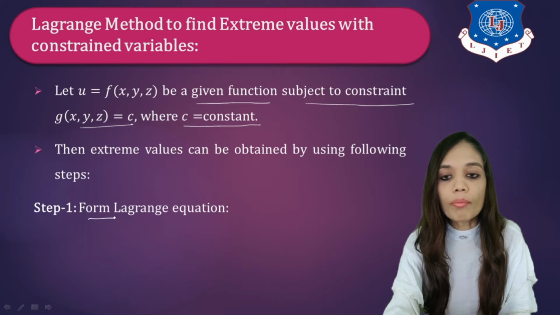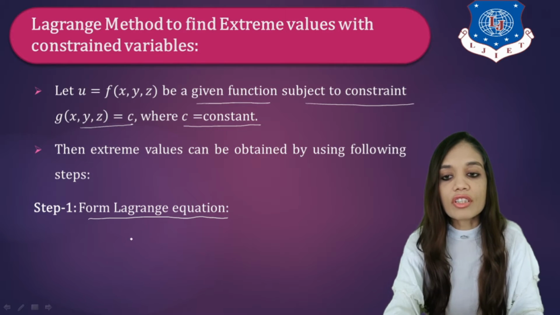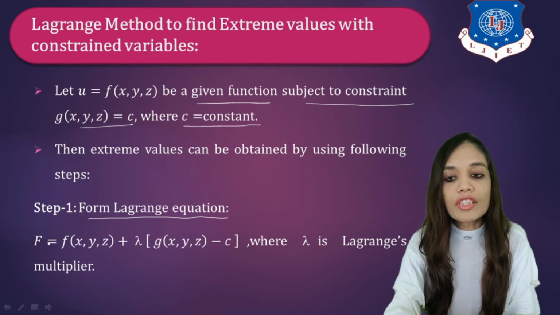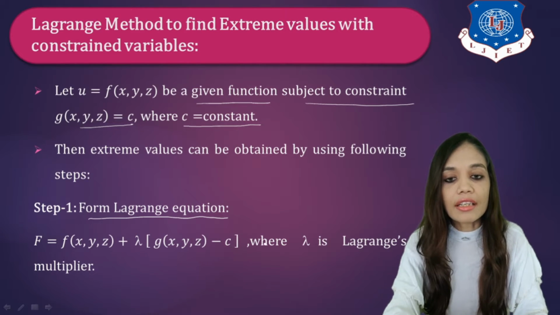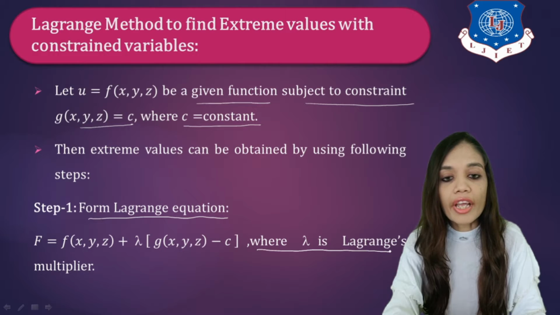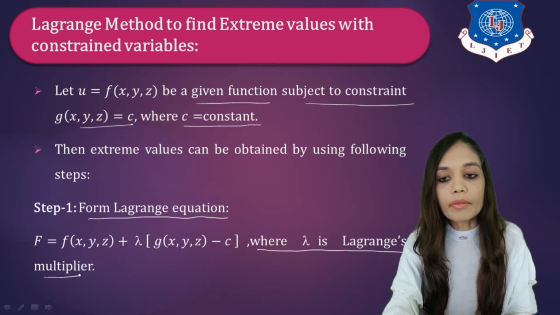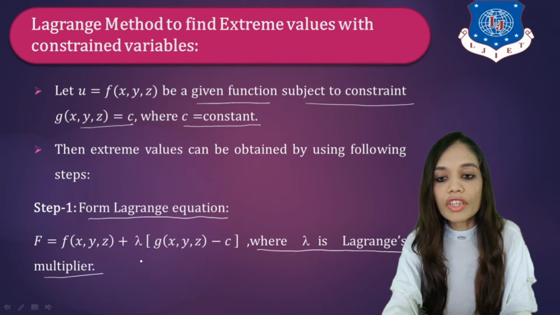Firstly, we have to form Lagrange equation, which is given by capital F is equal to f of x, y, z plus lambda times g of x, y, z minus c, where lambda is known as Lagrange's multiplier, right? So in short, we can represent this as capital F is equal to small f plus lambda g. So this will be our first step.